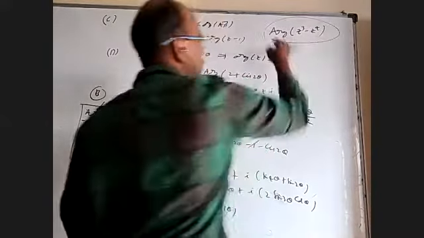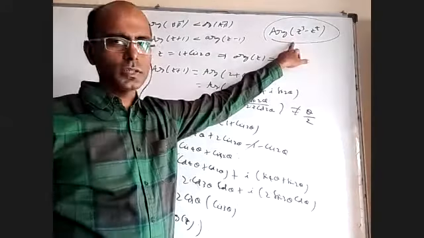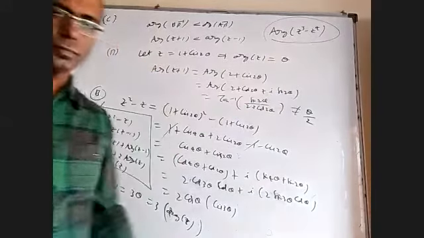Anyone want to tell what is the argument of z cube minus z power 4? It is how many times argument of z? Anyone want to tell?